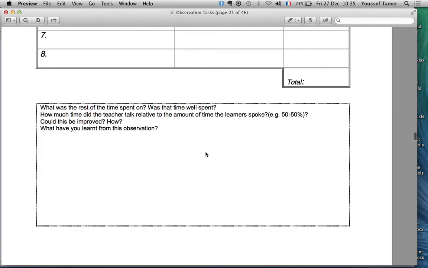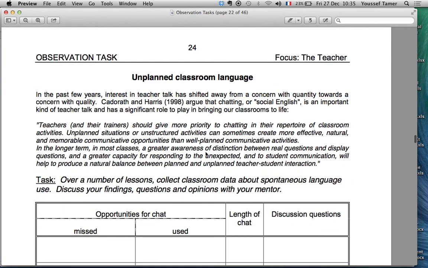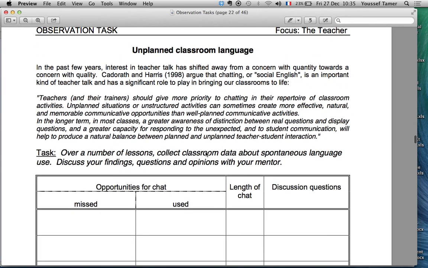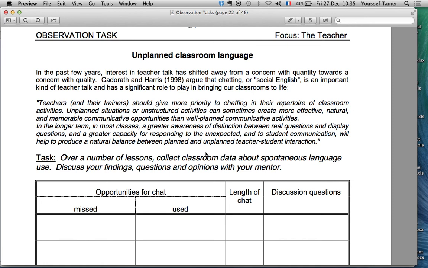Academic learning time. Unplanned classroom language. In the past few years, interest in teacher talk has shifted away from a concern with quantity towards a concern with quality.